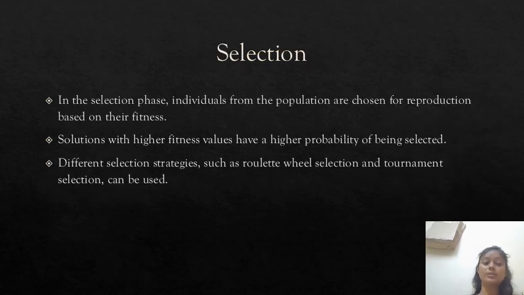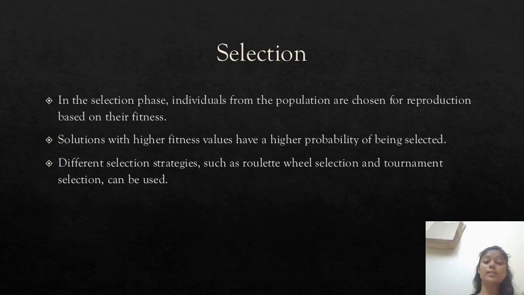Then we move to the selection. In the selection phase, individuals from the population are chosen for reproduction based on their fitness. Solutions with higher fitness values have a higher probability of being selected. Different selection strategies such as roulette wheel selection and tournament selection can be used.